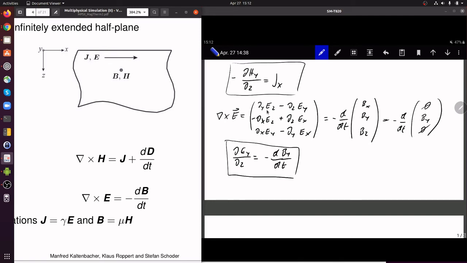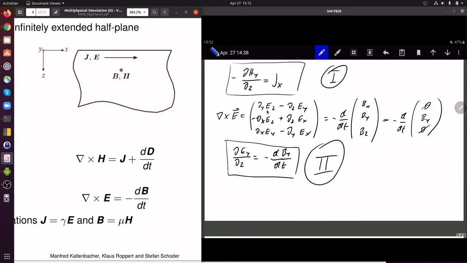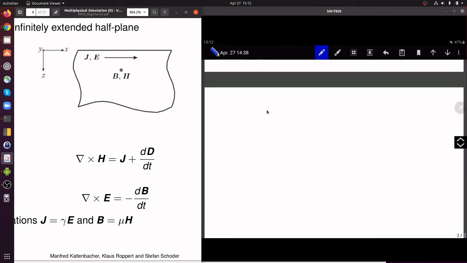So now what happens if we, let's call this our equation 1, this is equation 2. Now let's take another z derivative of equation 1.